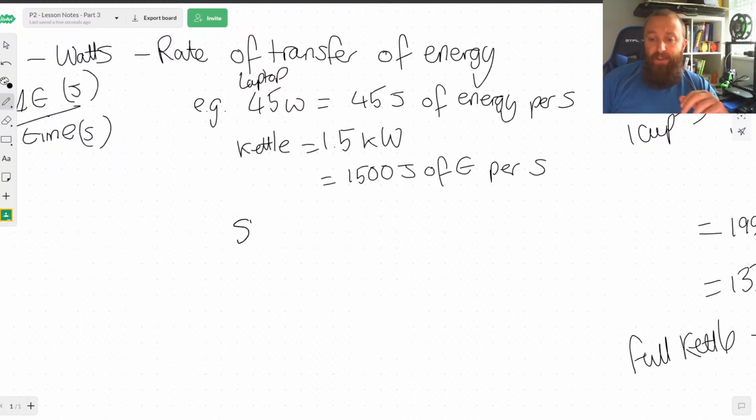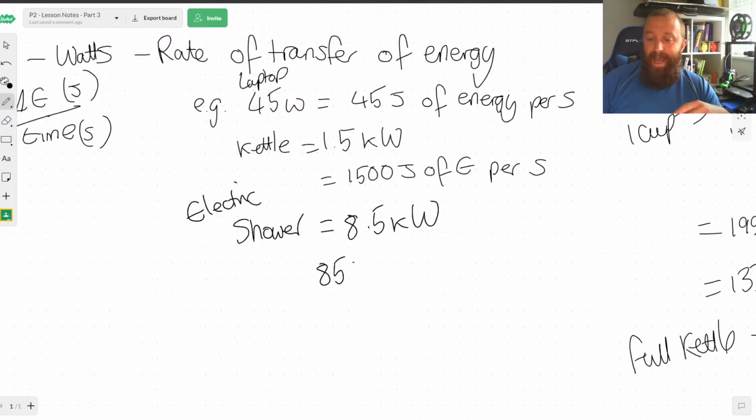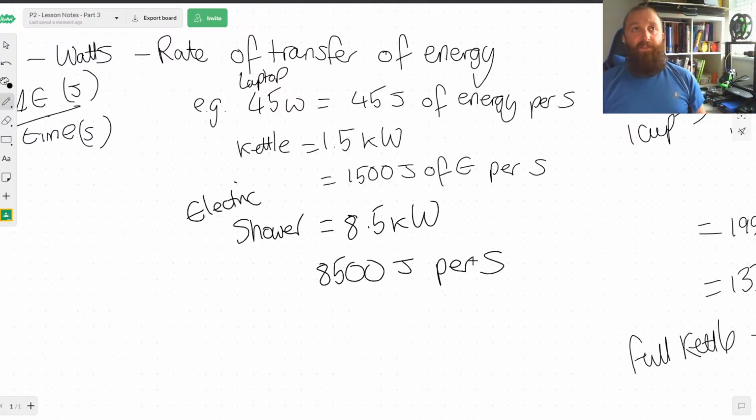An electric shower, and I'll put electric here because not all of them are. I think the electric shower that I've got fitted at the moment is 8.5 kilowatts. So therefore I'm using 8,500 joules of energy per second.